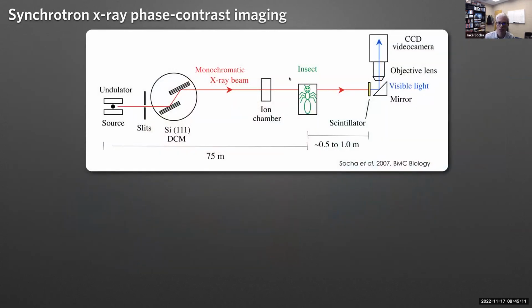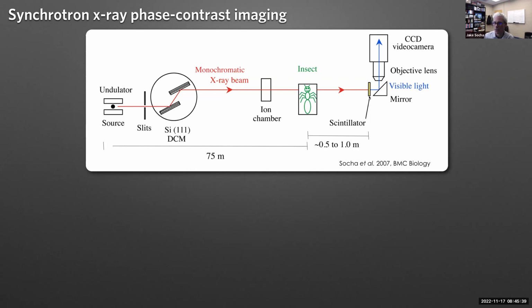So let's talk about phase contrast imaging first. As I was saying, you have the X-rays come out of a source, and then they pass through the monochromator. You have your monochromatic X-rays. They then pass through the insect, and the key to this technique is that your visualization of the X-rays occurs at a distance from the insect.